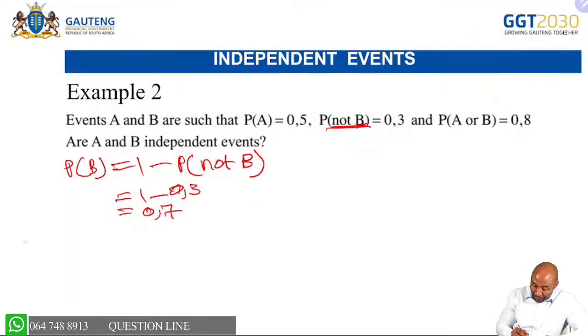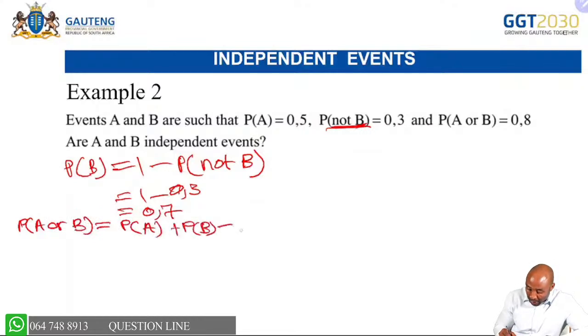From here, we'll use our probability identity. The probability of A or B is given by the probability of A plus the probability of B minus the probability of A and B.